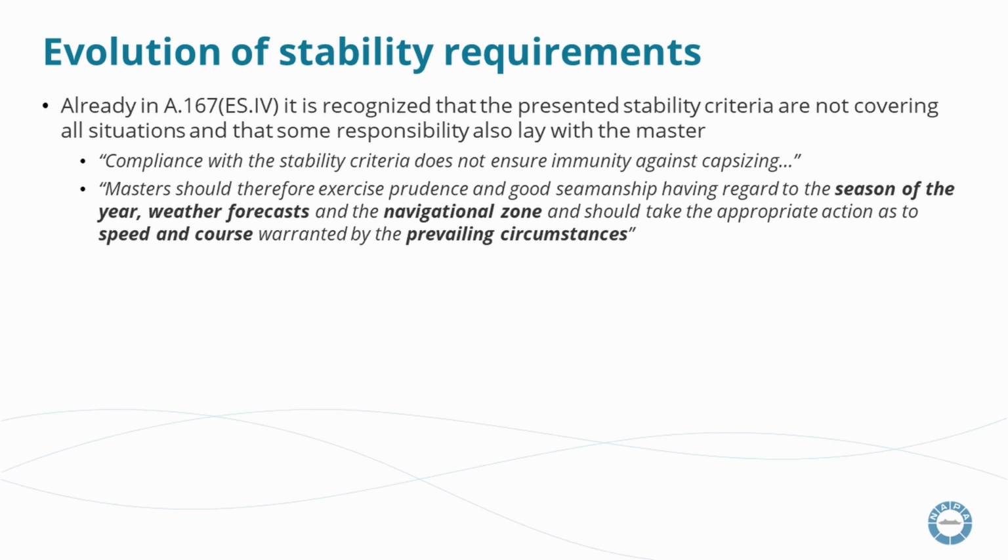Masters should therefore exercise prudence and good seamanship, having regard to the season of the year, weather forecasts, and the navigational zone, and should take the appropriate action as to speed and course warranted by the prevailing circumstances.